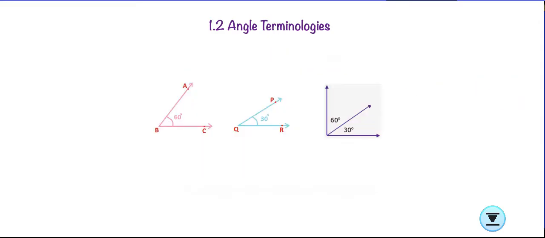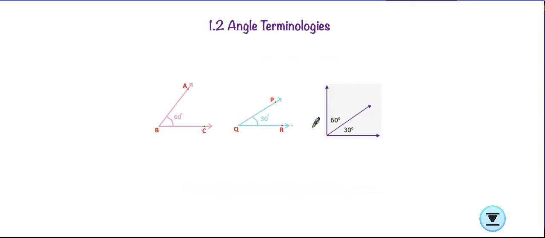Next, I want you to look at the two graphs. The first graph has two angles here, and this angle is 60 degrees, this angle is 30 degrees. The second is very similar. However, the only difference is these two angles stay together. If you observe closely, you can stop the video here and think about this question: what is special about these two pairs?